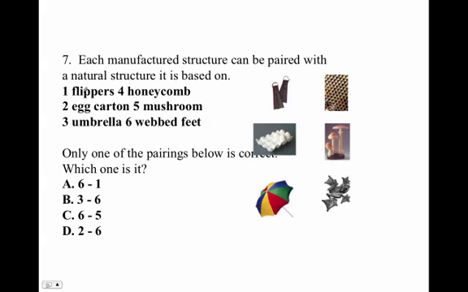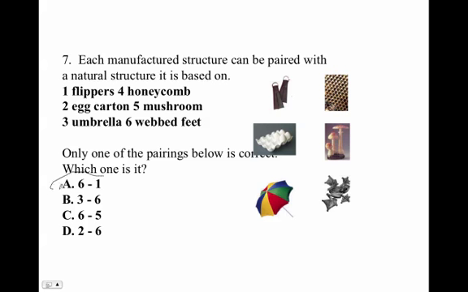Okay, each manufactured structure can be paired with a natural structure. So let's see, only one of the pairings is correct. Which one? So 1 is flippers, 2 is egg carton, 6 is webbed feet. Does it match with number 1, the flippers? Is that a correct pairing?